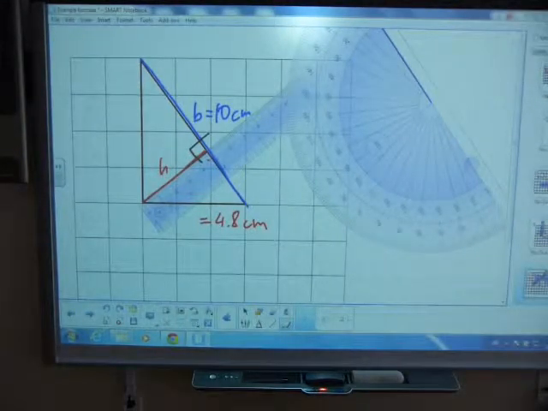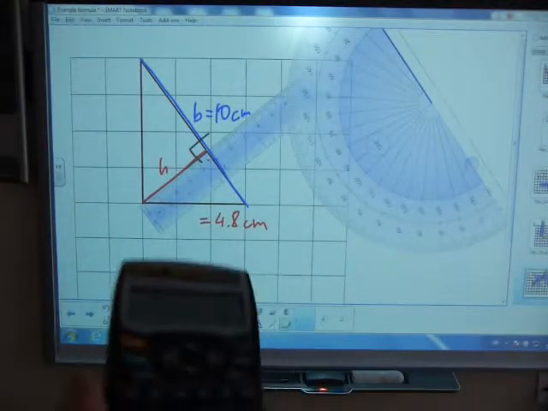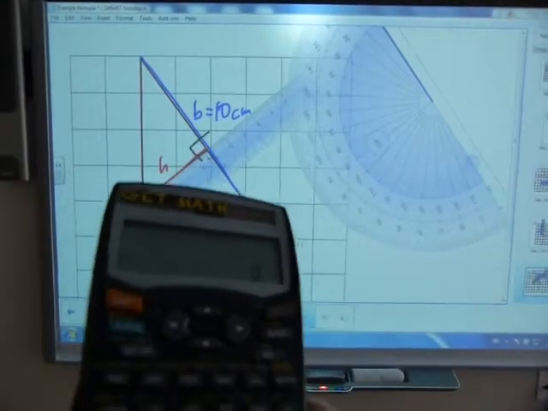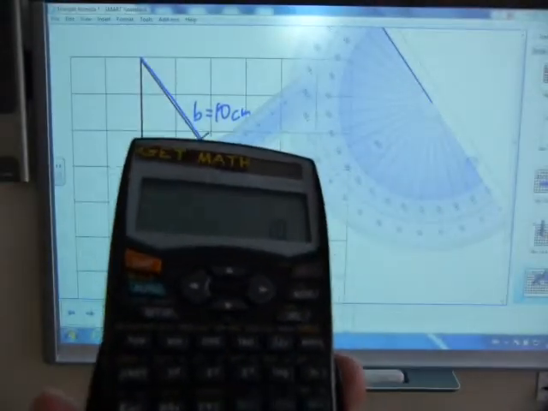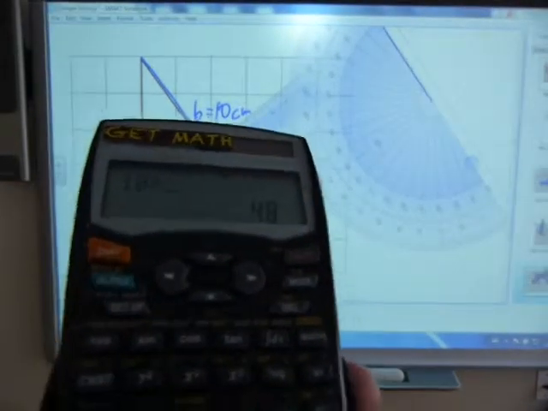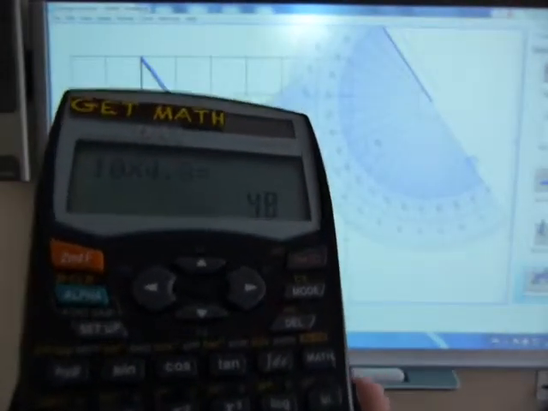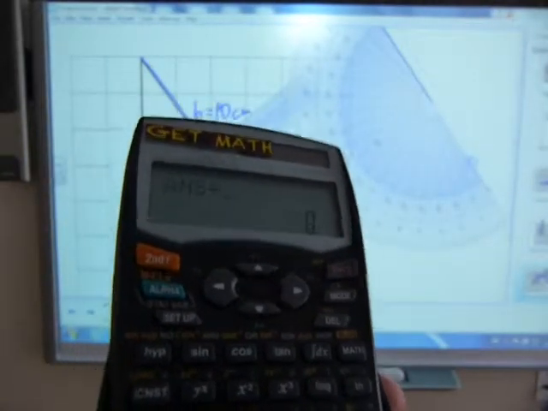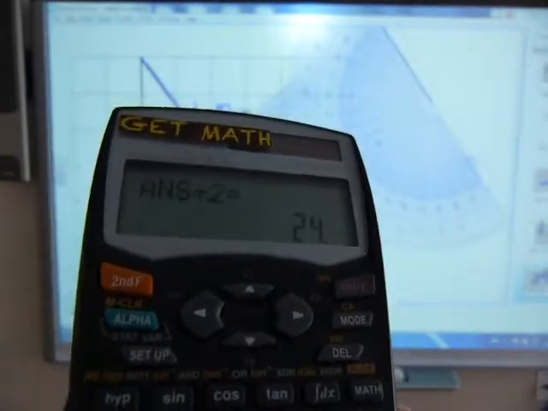So in this case, let's do it on a calculator. You can see the numbers. 10 by 4.8, that's base times height. That's 48. Divided by 2, that's still 24.